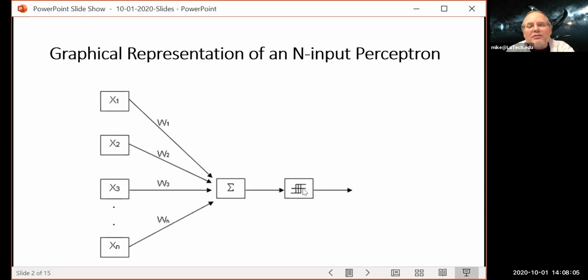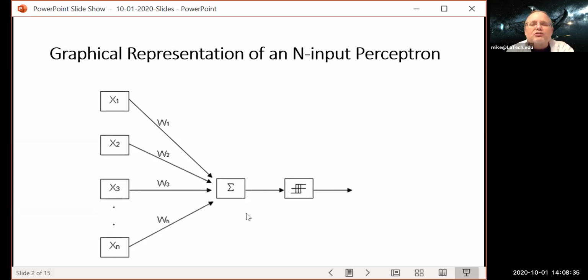And so if the sum of the inputs is greater than the threshold or equal to it in our model, then the neuron fires. So basically what the neuron does is it takes a weighted sum of the inputs, compares it to a threshold, and if that weighted sum of the inputs is greater than the threshold, or equal to in our case, then the perceptron fires.